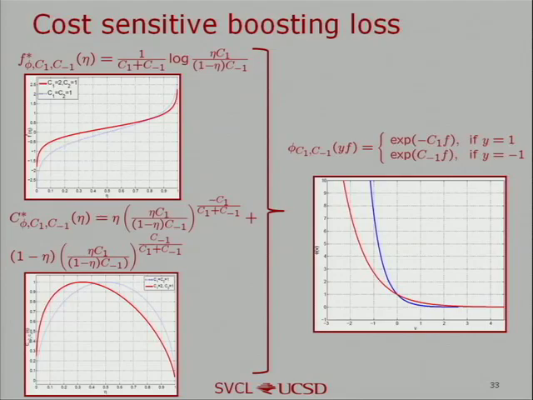All of the previous methods usually dealt with altering the AdaBoost algorithm directly. What they would generally do is change the weights. AdaBoost has this weight update formula, and they would introduce costs directly to the weights.